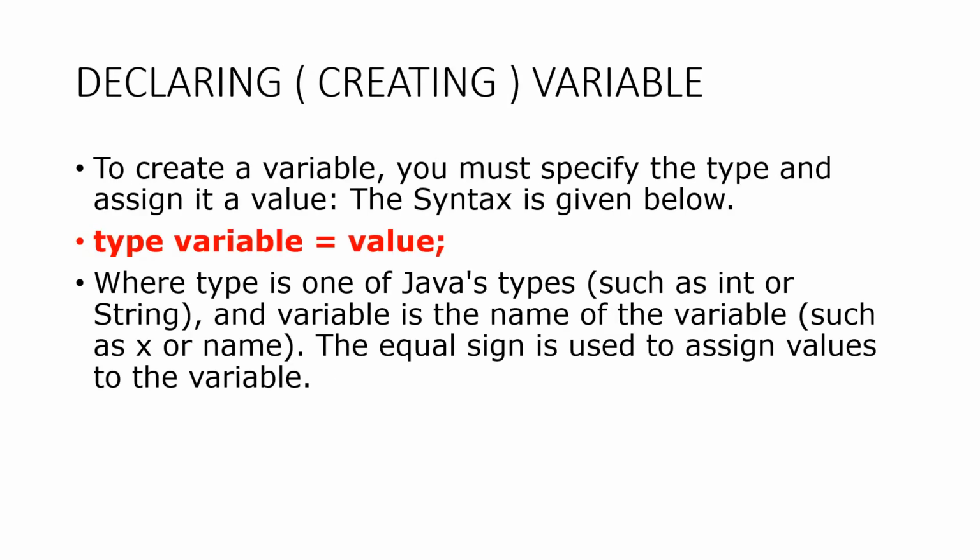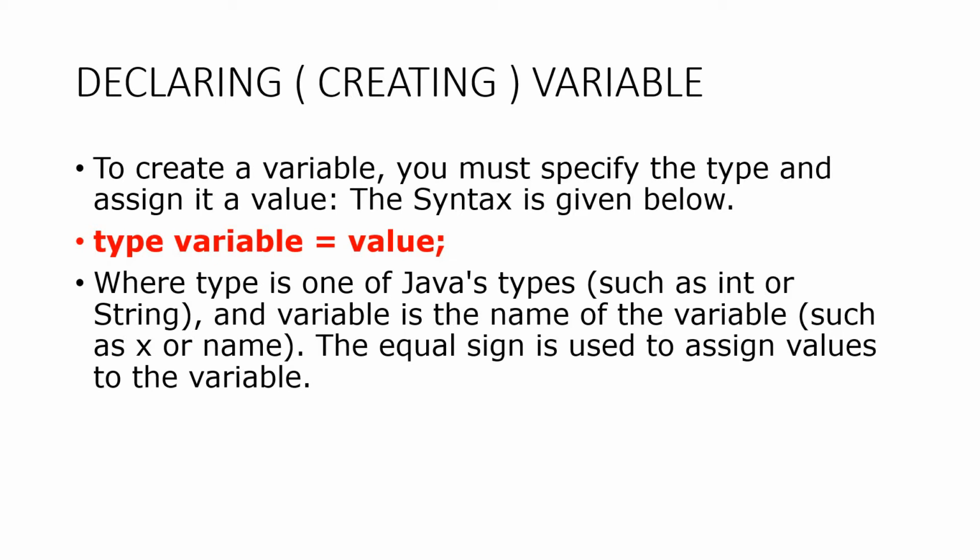This is the syntax for creating or declaring a variable. To create a variable, you must specify the type and assign it a value. The syntax is: type variable equal to value, then semicolon.